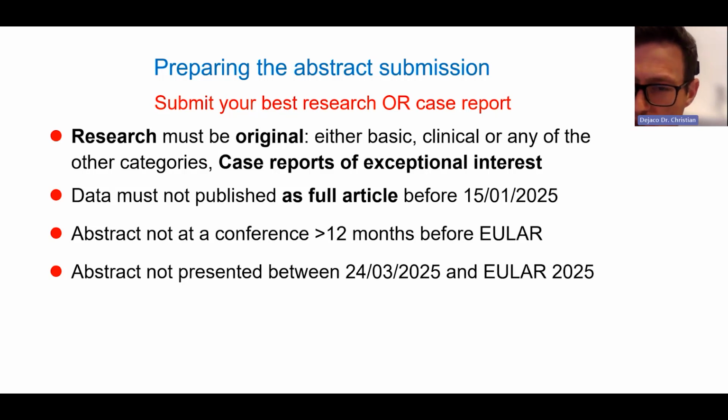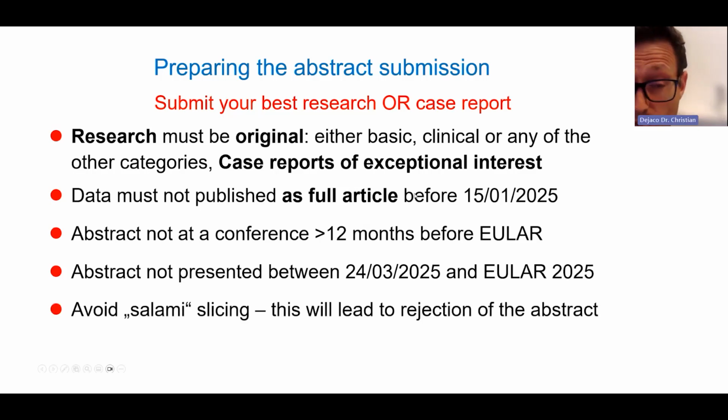However, every abstract that is older cannot be submitted, and every abstract that has been submitted to EULAR and has been accepted cannot be presented at another conference after March 2025 and before the EULAR Congress. After the EULAR Congress 2025, of course, it's again allowed to present an abstract at another conference.